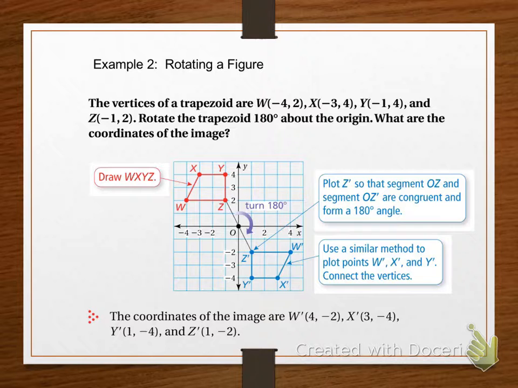If you notice, it was -1, 2, now it's 1, -2. So going 180, we ended up changing both signs. See, if we had done 90, it would have been here, and do 180, it goes right there. I think rotations are sometimes the hardest to try to figure out.